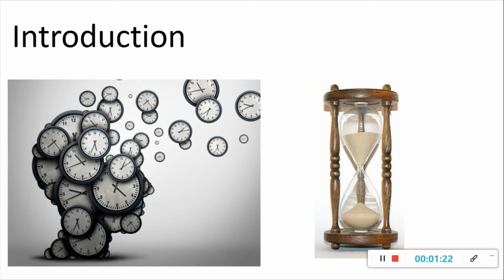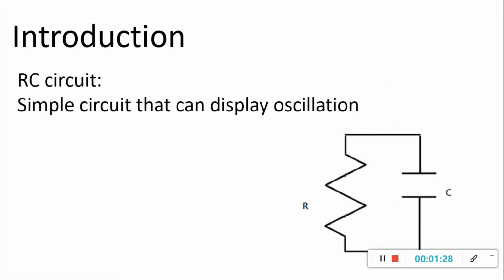So why are we using RC circuit as our model? It's because the features that are observed in an hourglass and a clock can also be observed in the RC circuit.